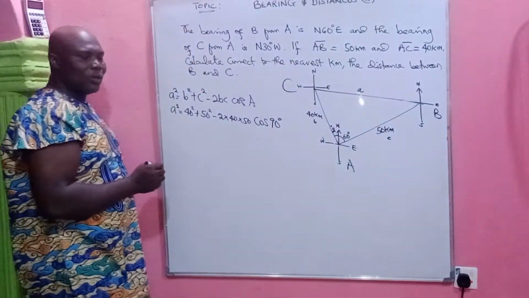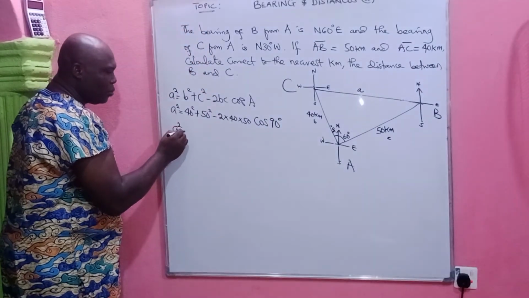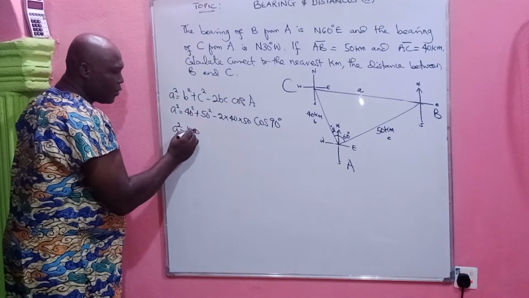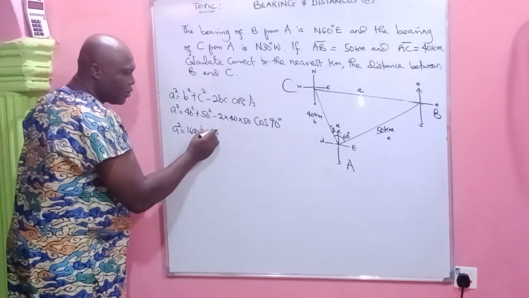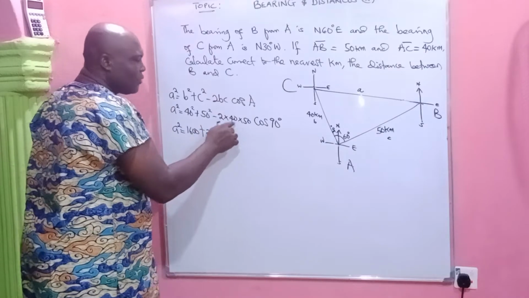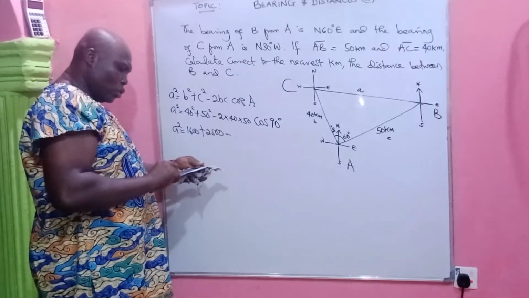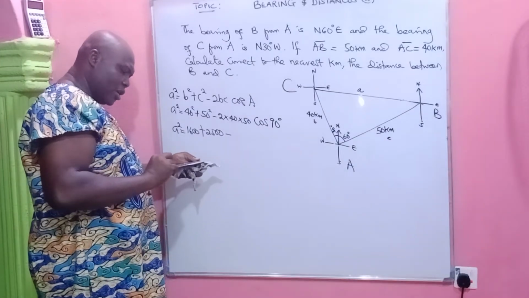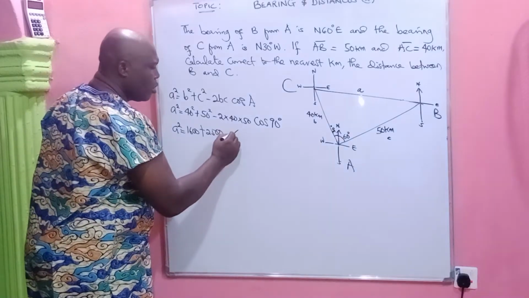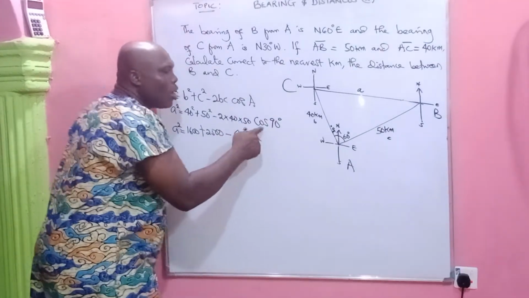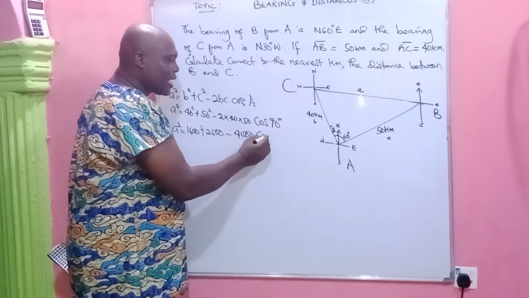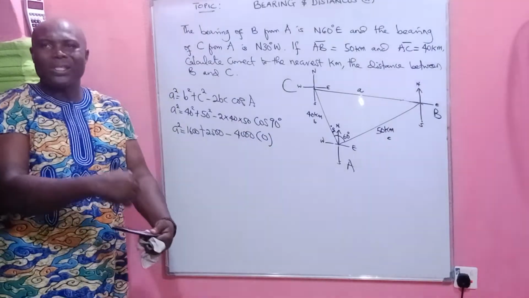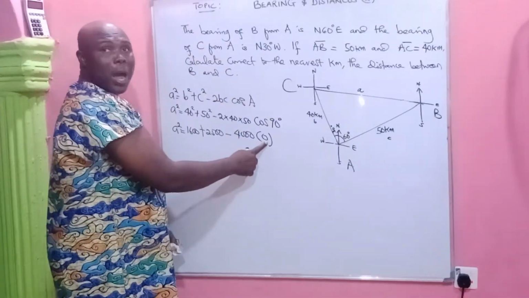Please watch why we still have the same answer. So our a squared will be equal to 40 squared, 1,600, plus 50 squared, 2,500, minus 2 times 40 times 50. Watch. 2 times 40 times 50 will give us 4,000. Then the cos of 90 degrees automatically gives you 0. When you press cos 90 degrees in your calculator, what you have is 0.